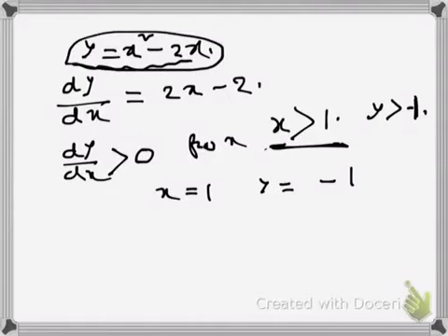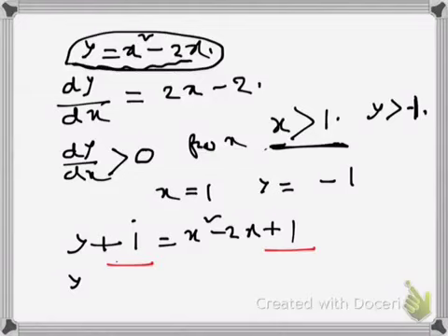So let's complete the square to find the inverse function, because we have to make x the subject. x squared minus 2x plus 1, so I am adding this plus 1 to complete the square.